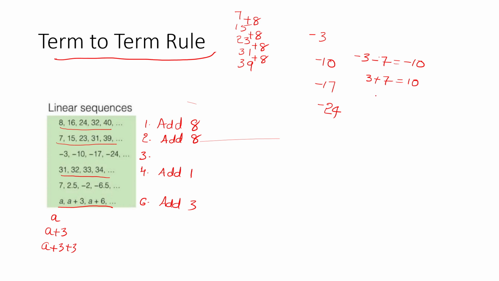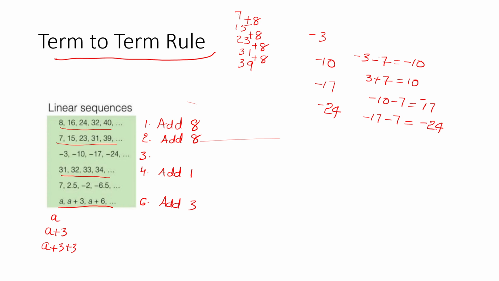So minus 10 minus 7. What will be the answer? 10 plus 7, 17. Then put a negative sign because here both the operands are negative numbers. And along with minus 17, minus 7. What is 17 plus 7? 24. So minus 24.